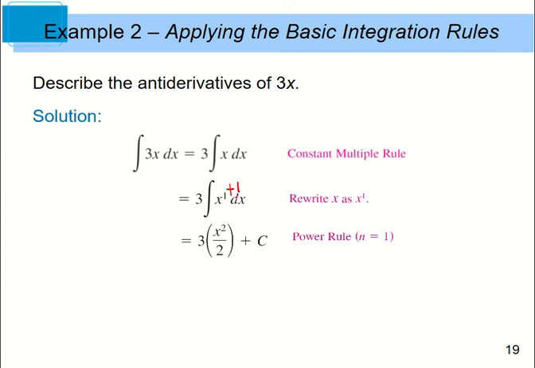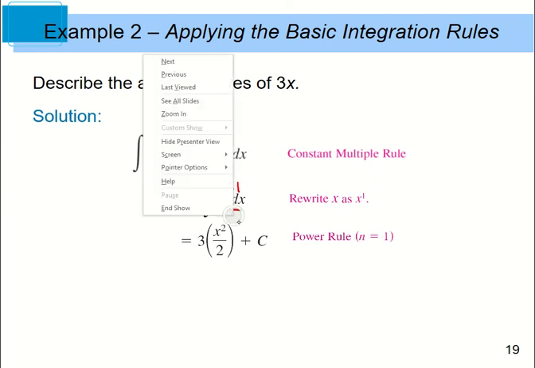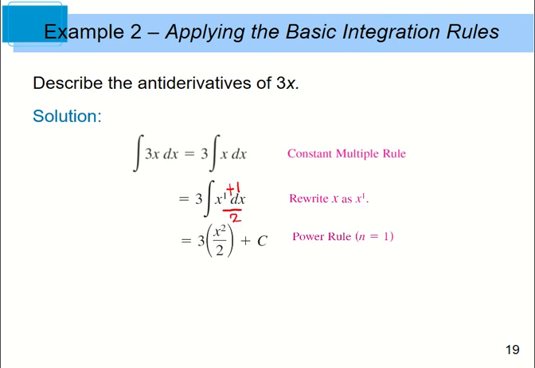After we add 1, we have 2, so we divide the whole function by the new power, which is 2. So 1 plus 1 is 2, divided by 2. Here you can see we have x squared over 2, plus c. After we integrate, we need to add this constant. Simplified, this is the antiderivative of 3x.